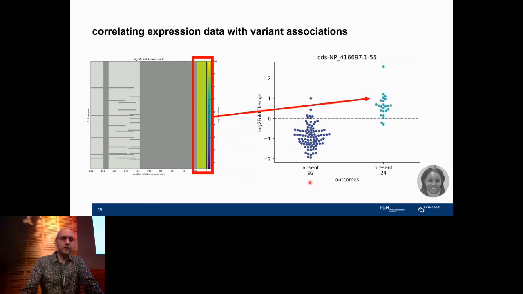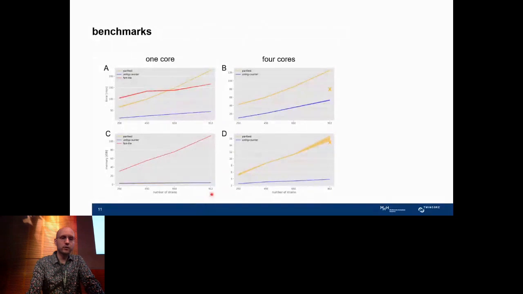And so for larger data sets on one core, pan-feed is actually slowest, but for the memory footprint, we managed to be more closely to unity counter, while FSM Lite does its thing. On 4 cores, we managed to reduce the running time quite a bit, as a trade-off, of course, for the memory footprint.